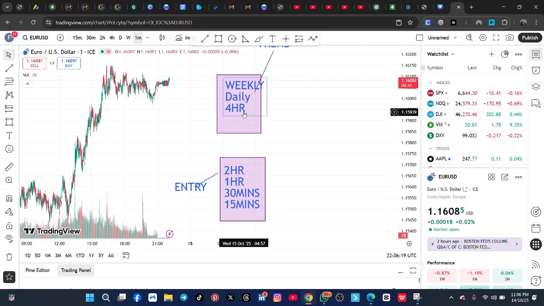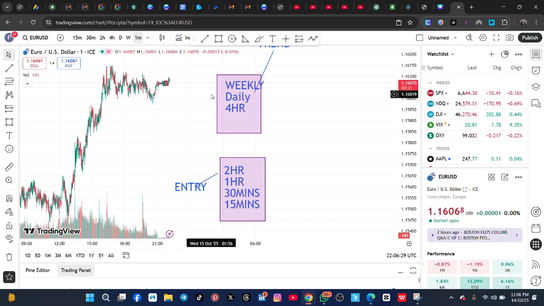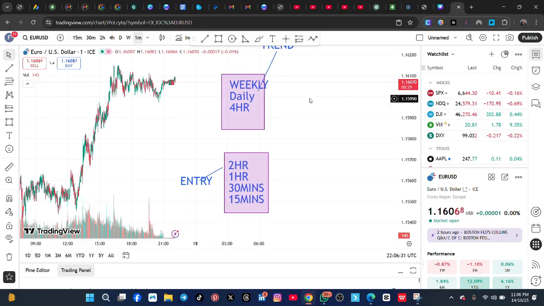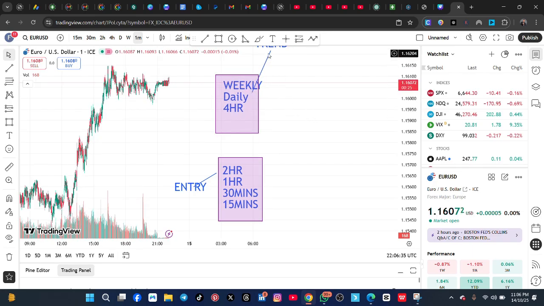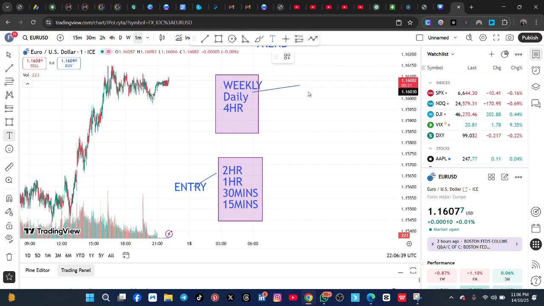Now, when you are searching these charts, knowing how they behave on the weekly, the daily, the 4 hour, you are going to be checking for the trend. All right, so what will you be looking for? You're going to be looking for the trend. So let me bring this down, pick this pencil here, and I'm going to write here that this is what you are going to be looking for.